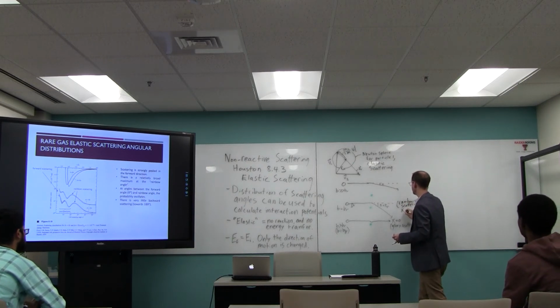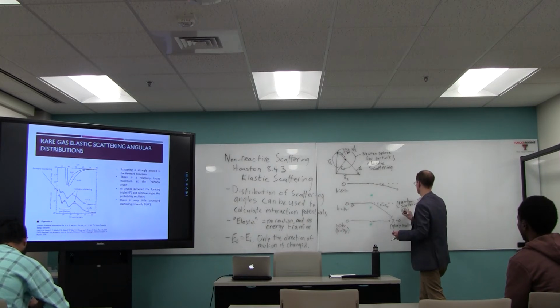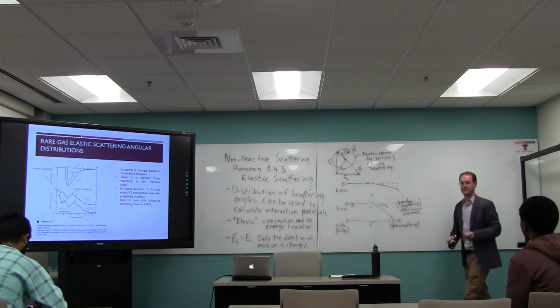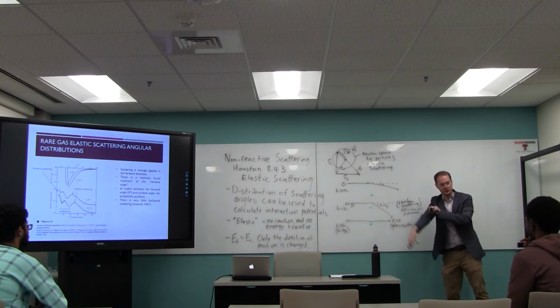And here, chi as a function of B has an extremum. Yeah, it's at its sort of maximum negative deflection point.